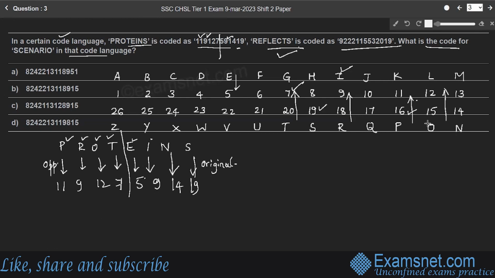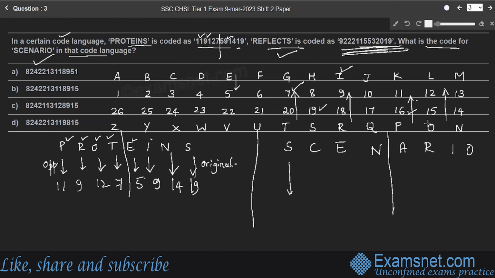Similarly, Proteins is coded as these numbers: 922211553219. So apply the same rule for the next word, which is SCENARIO. Make two parts: the first 4 letters and the last 4 letters.